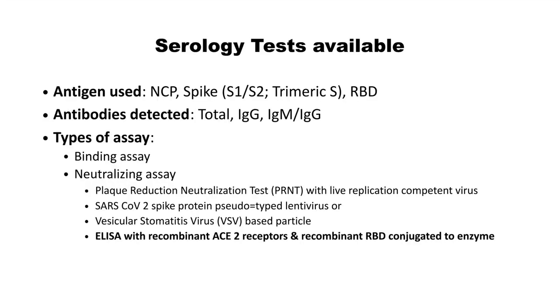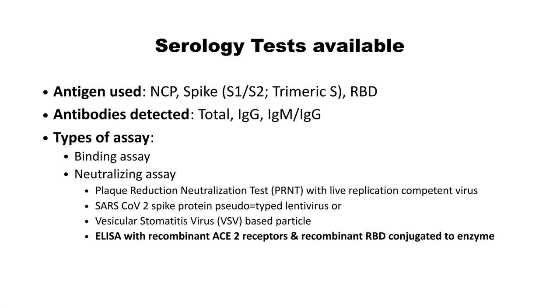For serological tests, there are various types, and not all serological tests are the same. First will depend upon the antigen. The nucleocapsid protein is the most immunogenic, but it resides inside the virus.